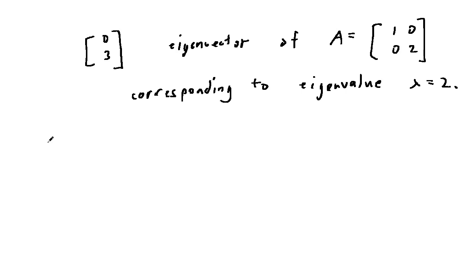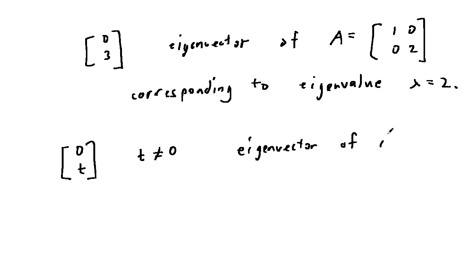So any vector of the form 0, t, where t is not 0, is an eigenvector of A corresponding to lambda equals 2.